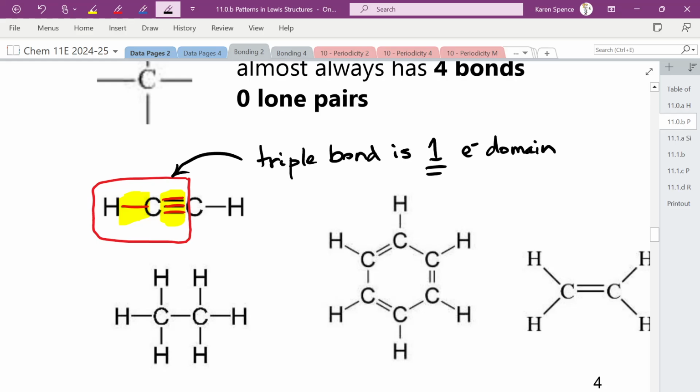So if I said, what is the hybridization of that carbon? sp. sp. Yeah?